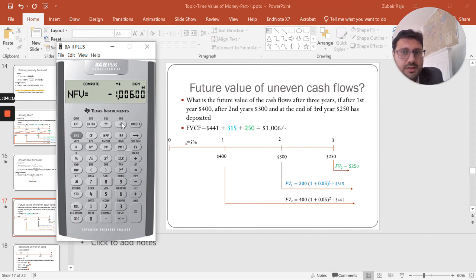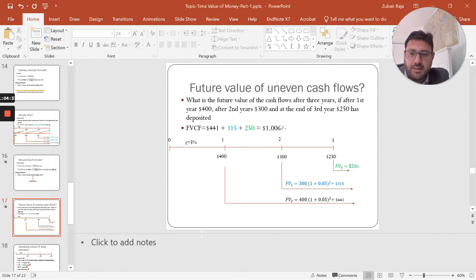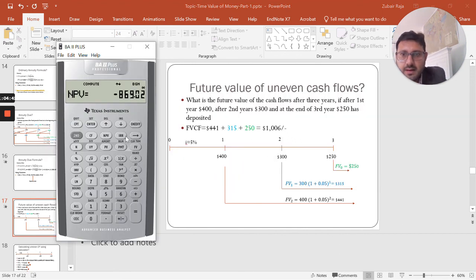Some people might not have this button. For example, if they have a basic calculator and they only have this I and this NPV, if this NPV, you simply calculate this 8,609.02 and then grow it by 3 time periods. What do you mean by grow it by 3 time periods? It means you multiply this 869.02 by 1 plus the interest, which is 5%, raised to the power 3.